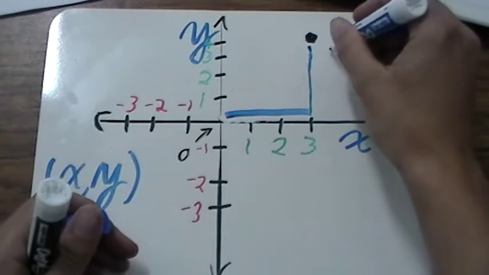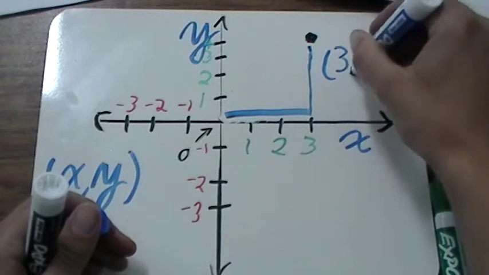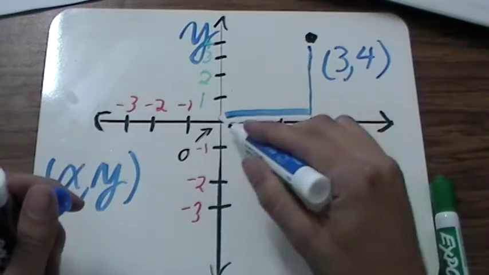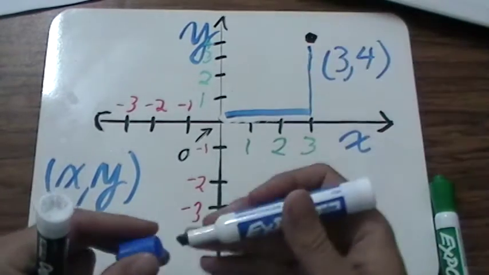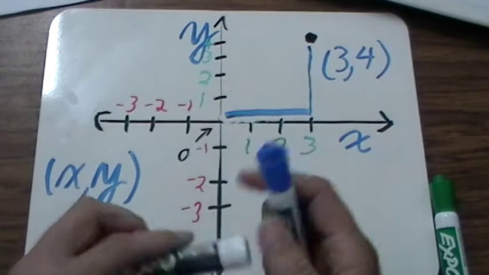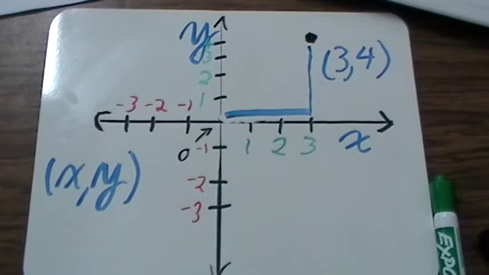So I'd call that coordinate pair 3 by 4. 1, 2, 3 over, 1, 2, 3, 4 up. All right, very good.